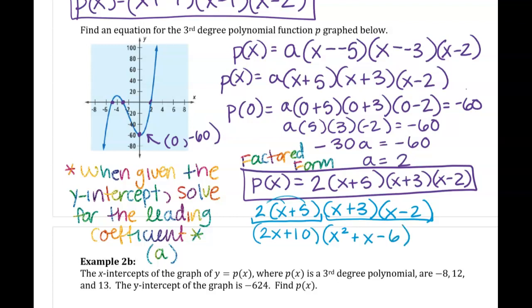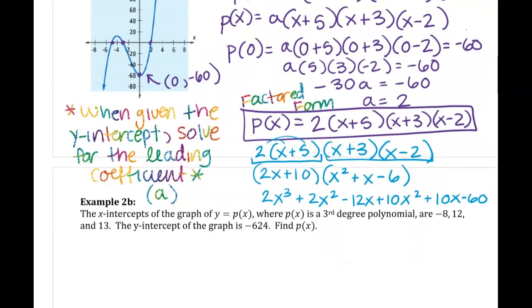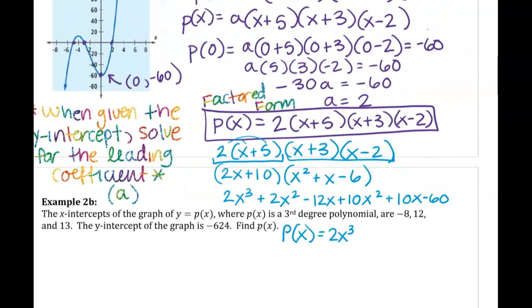If we multiply here, we have 2x cubed plus 2x squared minus 12x plus 10x squared plus 10x minus 60. And if we simplify this, we'll put our p of x back here too, okay? So our p of x equals 2x cubed. 2x squared plus 10x squared is 12x squared.